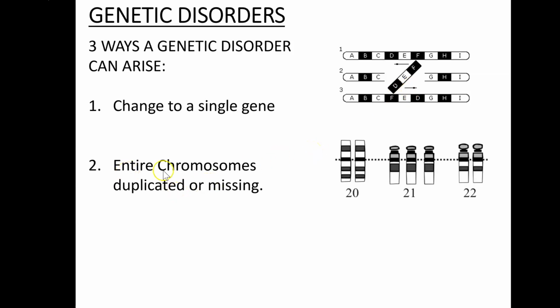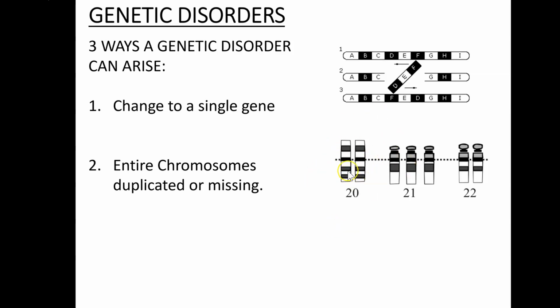Then you have another type of problem in which entire chromosomes are either duplicated or missing. This is called a trisomy. A trisomy is the condition in which there are 3 copies of a given chromosome in each somatic cell, rather than the normal number, which is 2.